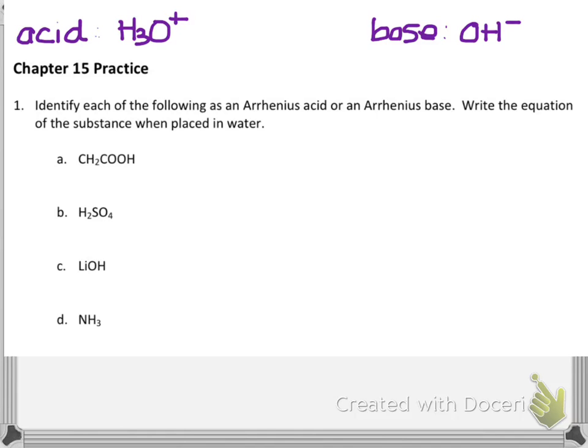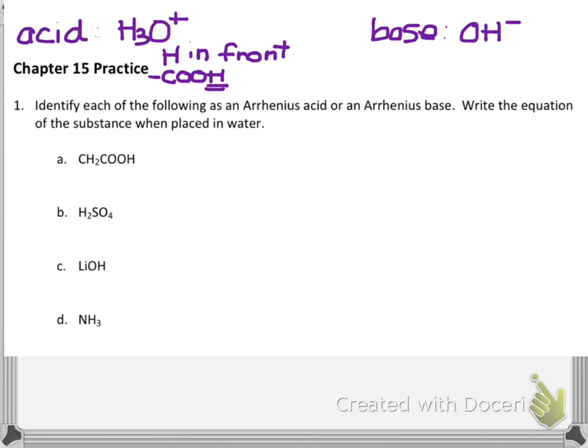Now, in general, the formula of an acid is going to have a hydrogen somewhere in it, and normally it's either going to be in the front of the formula or after a COOH, which is this H that's acidic, and that's called a carboxylic acid.